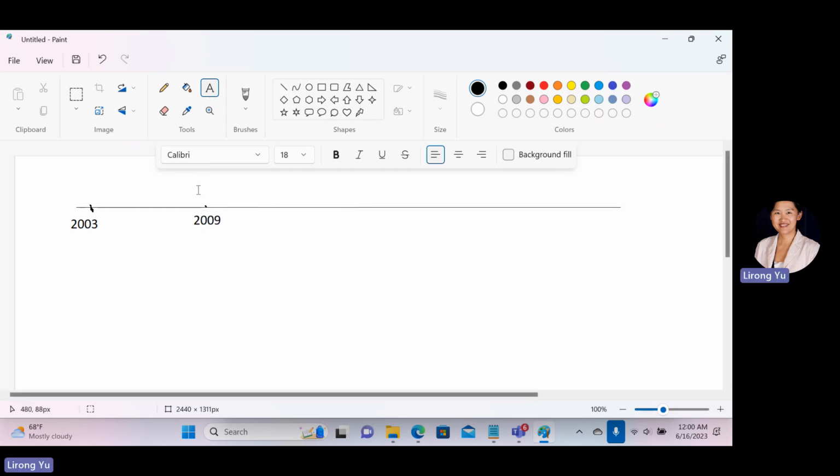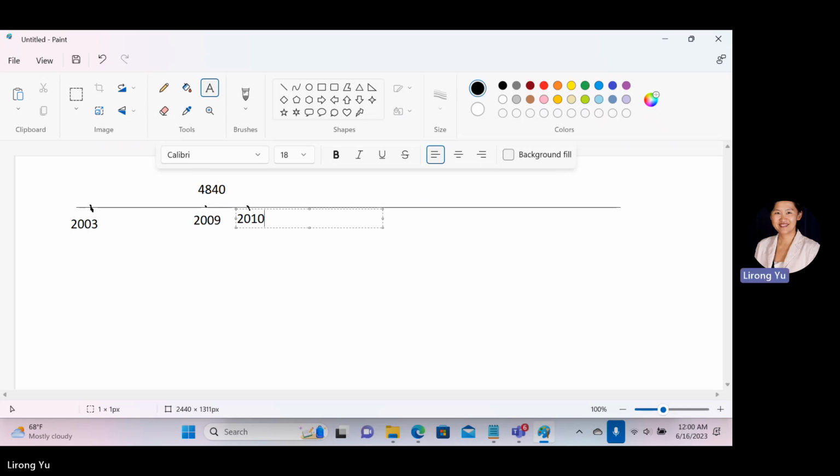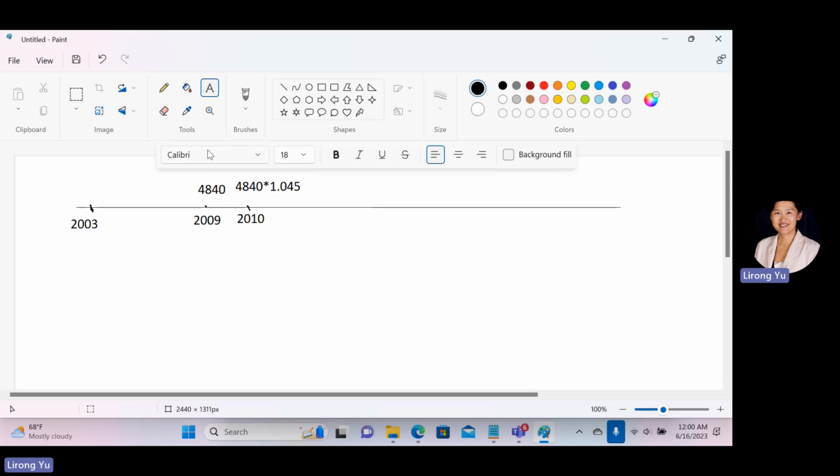The cash flow is 4,840, and then at 2010, the payment becomes 4,840 times 1.045, and then continues from there. The last one that follows this pattern is at 2035.